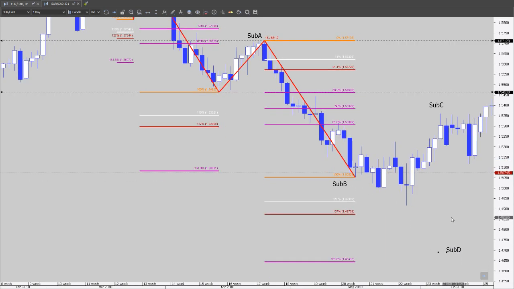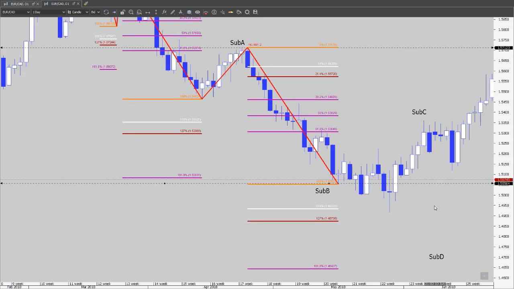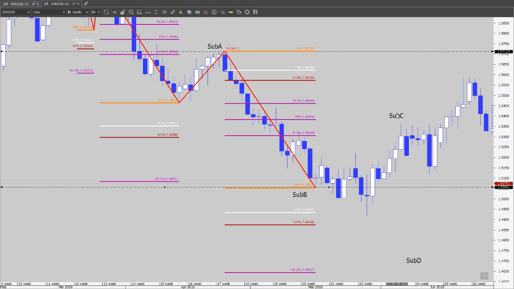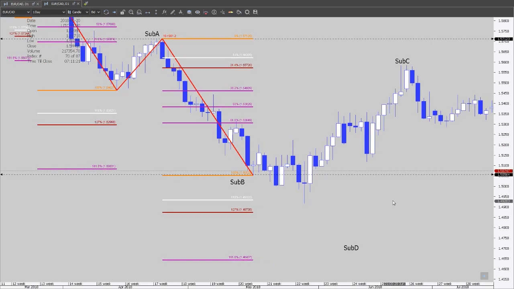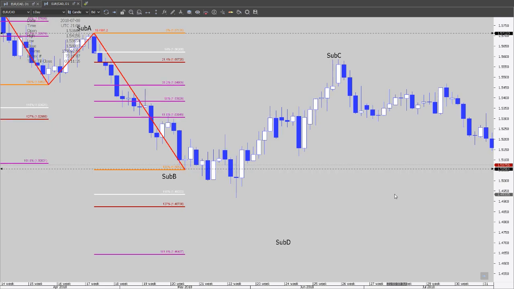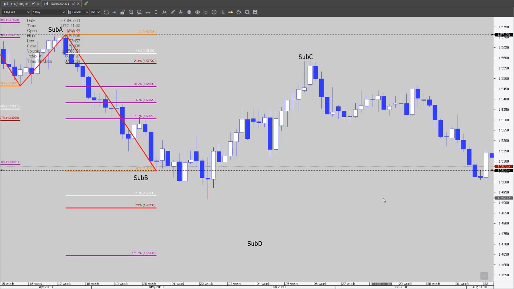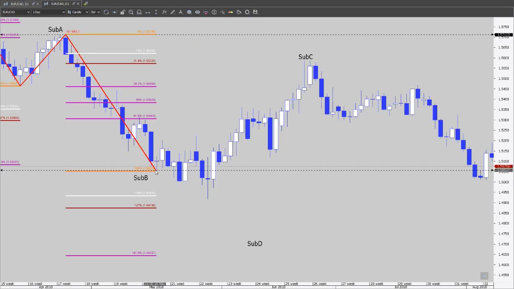Now the market's moving up, it's retracing. I need to move the horizontal line. There you go. The market is retracing. So this is the sub C, and the market is moving sideways. So let's keep track of the swings.